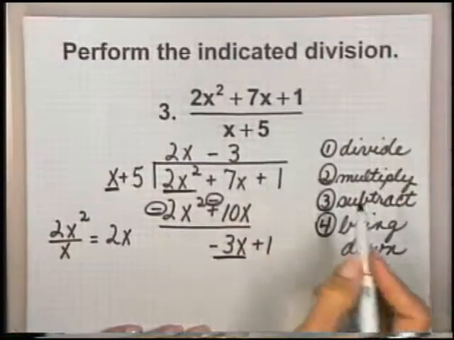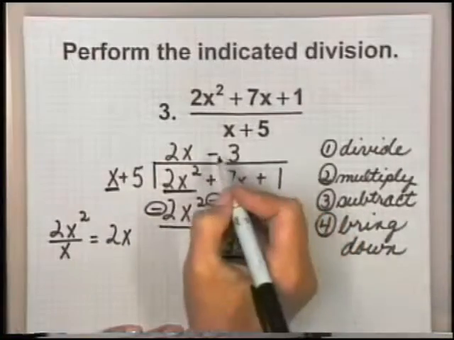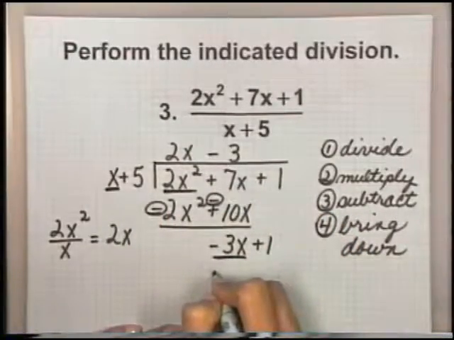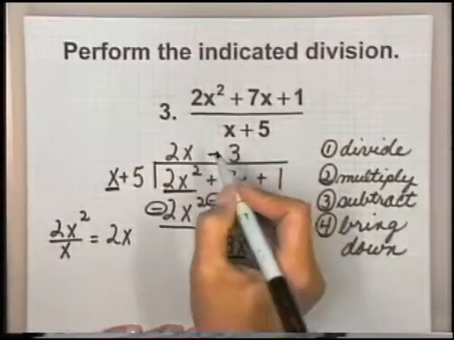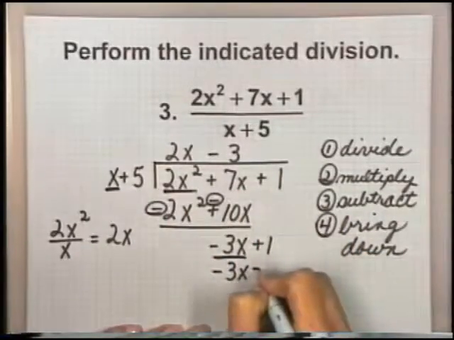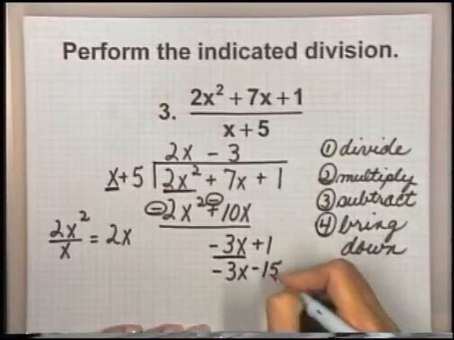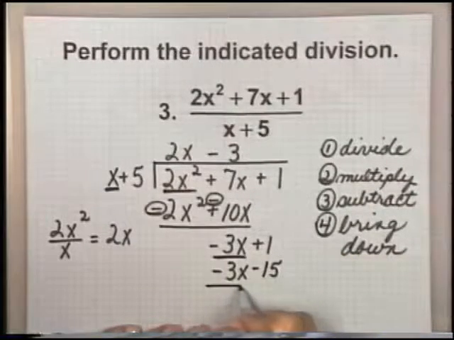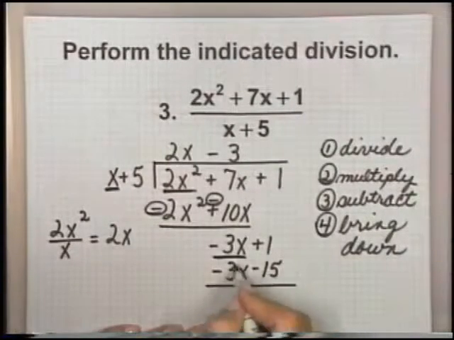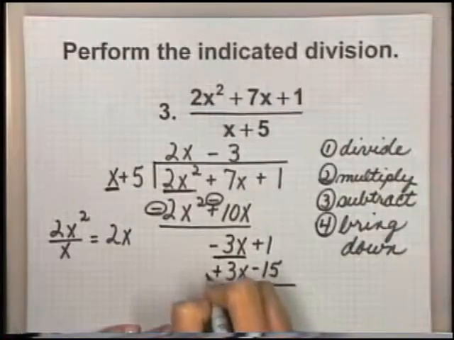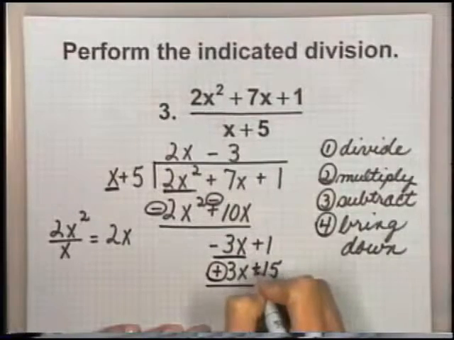All right. Now, I've done the division part. Let's multiply. Negative 3 times x gives me a minus 3x lining up under like terms. Negative 3 times 5 gives me a negative 15 lining up under like terms. In order to subtract, I need to change the signs of these two terms. Since I have a negative, it will become positive.